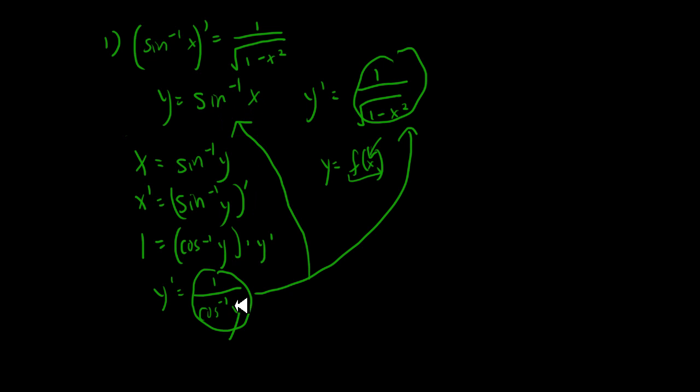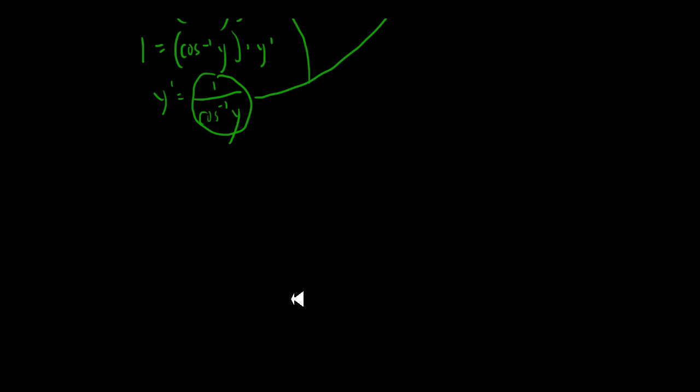So you can just plug in arc sine x for y. Okay, so y prime equals 1 over cosine of sine negative 1 x.